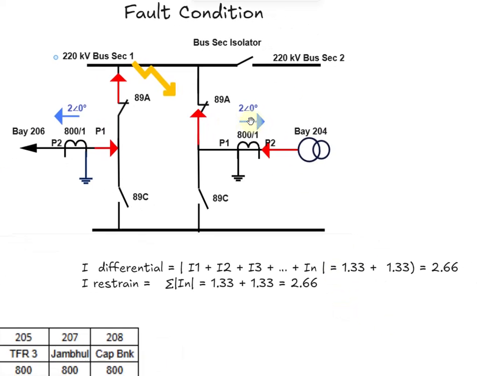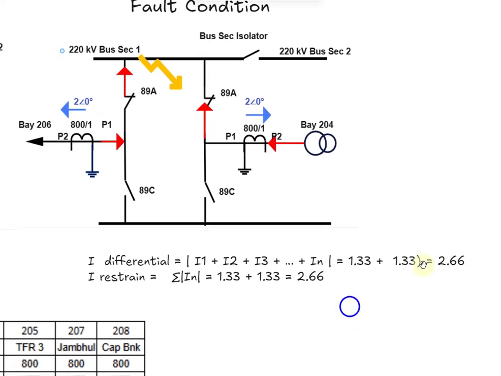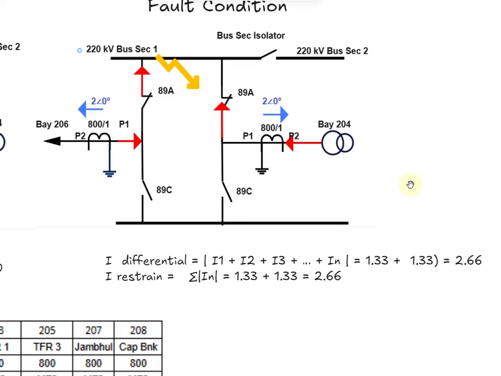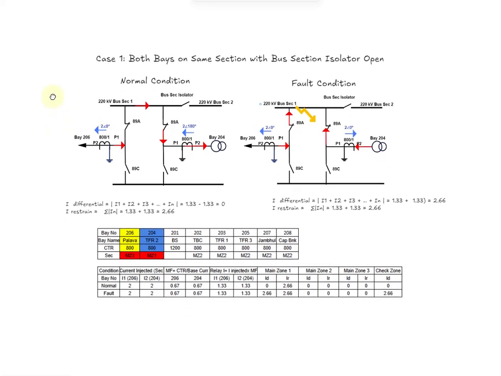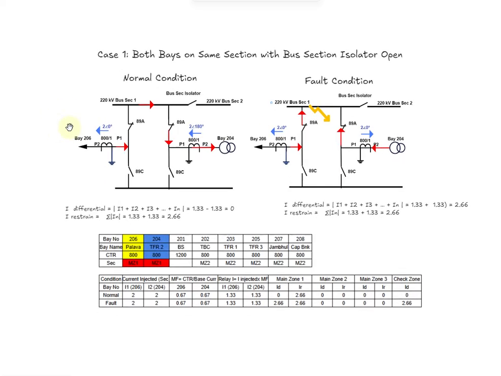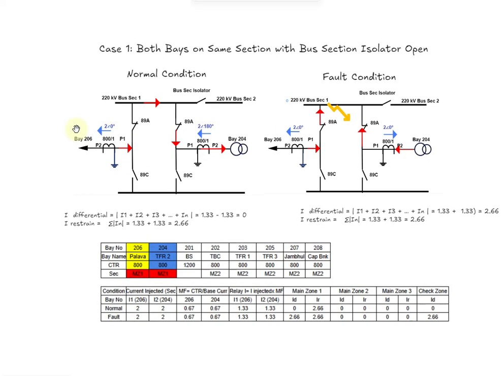Since both are at an angle 0, the vector sum of them will add up to 2.66, and the restraining current is the magnitude of I1 plus I2, so it becomes 2.66. The slope, ID by IR, is 100%, so the busbar protection will operate in this case. So these are both cases, both bays on the same bus section with bus section isolator open, during the normal condition and during the fault condition.